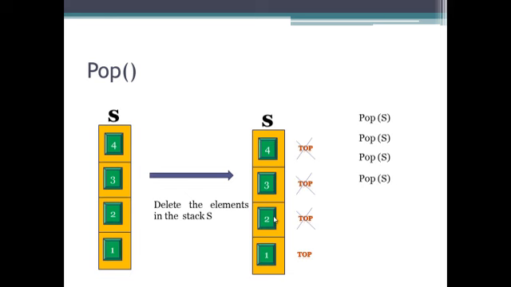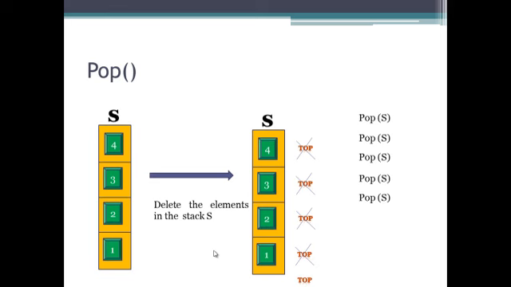Again there is a call for pop. Now the 1 which is on the top will be no more on the top, which means that the top will go 1 less than the first location, meaning that all the elements are deleted.